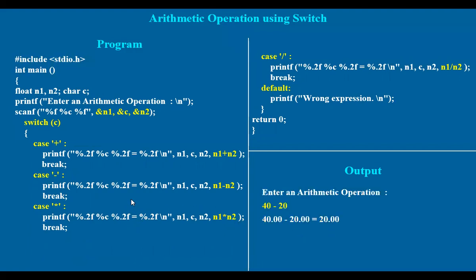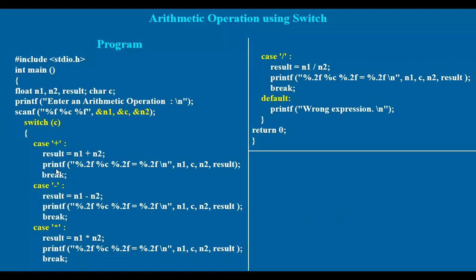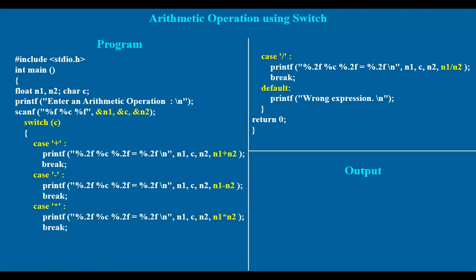And one more thing, if you observe earlier in this program, I have treated this as a result. A variable is taken here, and in this variable I am storing the value of n1 plus n2 in this case, or n1 minus n2 here, n1 into n2 in this, and I am displaying the result here. Otherwise, we can simplify this program also, right? Like, no result variable is taken here.